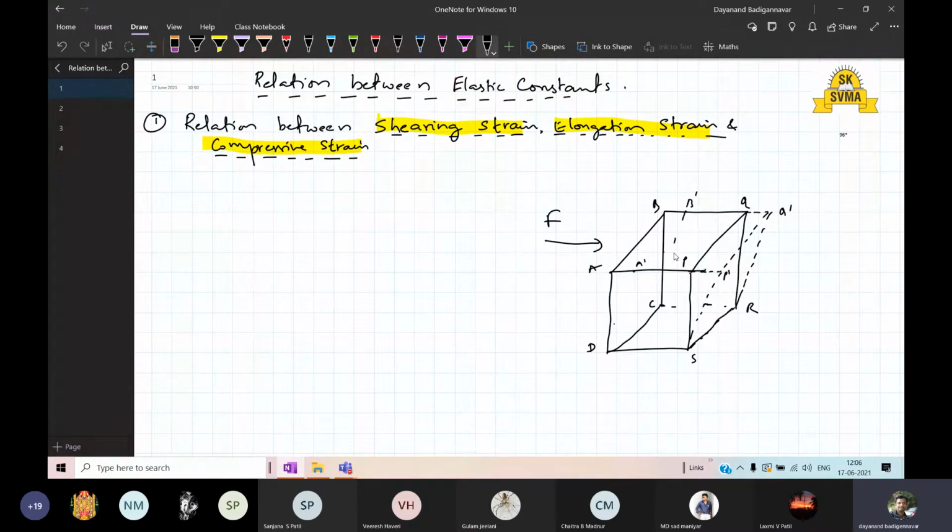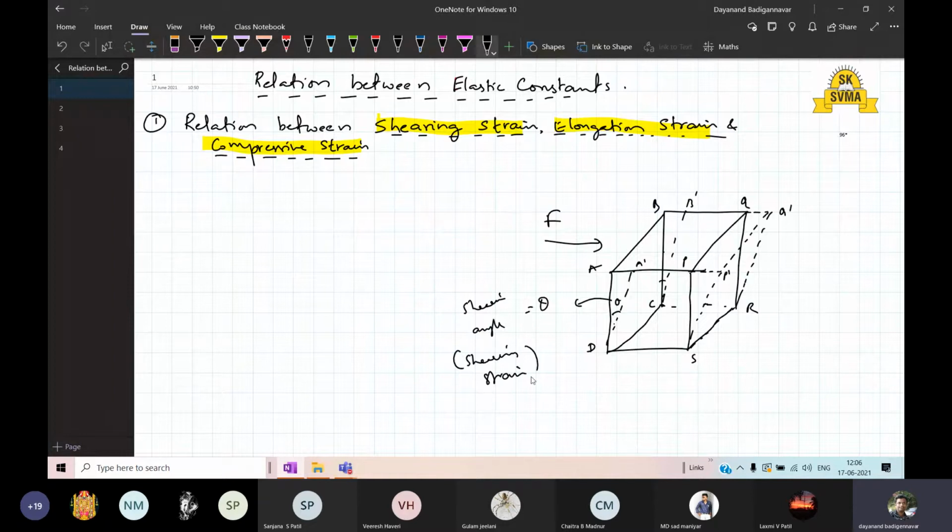This is the shearing effect that has taken place, and this is known as the shearing angle theta. It is also called the shearing strain.